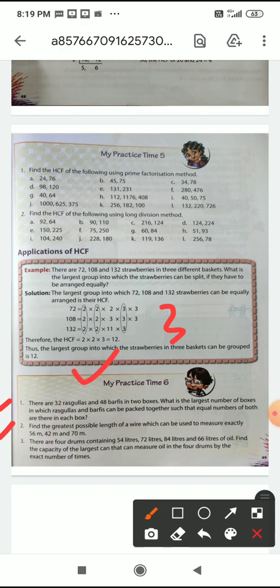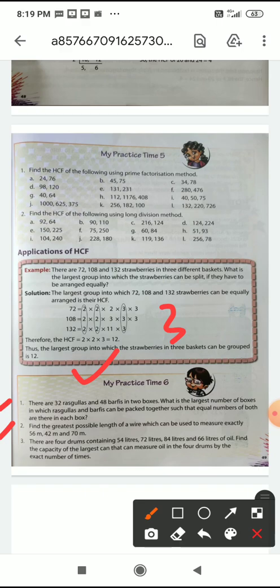Number 2, find the greatest possible length of a wire which can be used to measure exactly 56 meters, 42 meters and 70 meters. Here also find the greatest possible length.